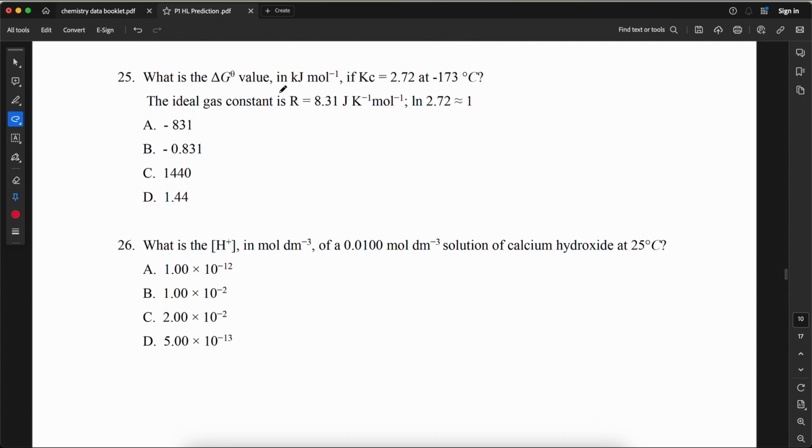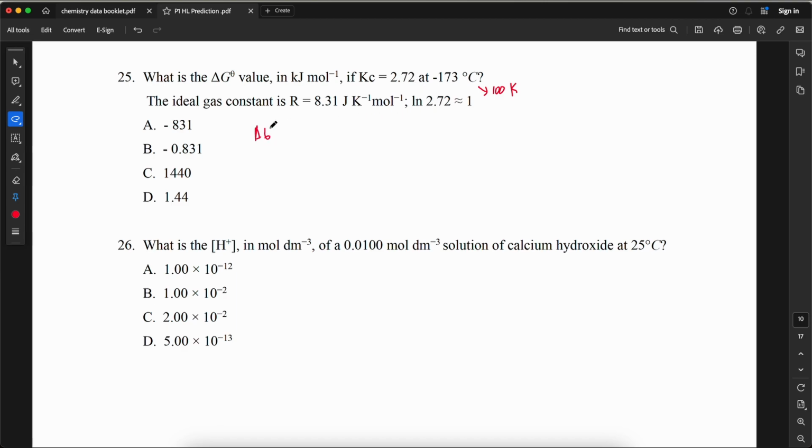What is the delta G value in kilojoule per mole if Kc is 2.72 at negative 173 degrees Celsius? So this one is 100 Kelvin. The ideal gas constant is 8.31 J per K. ln 2.72 is 1.